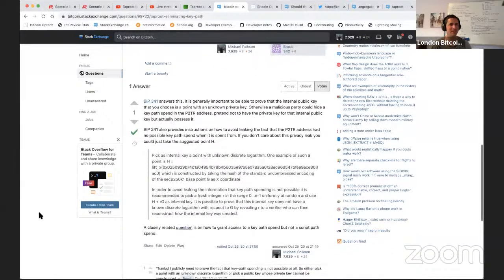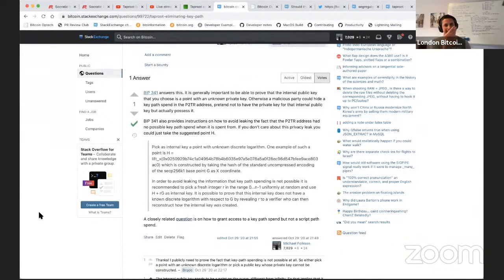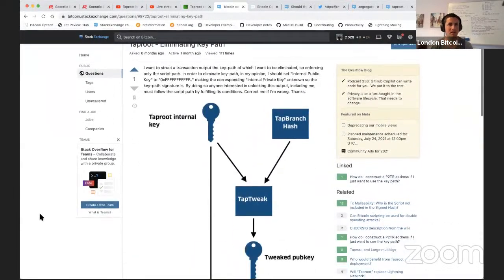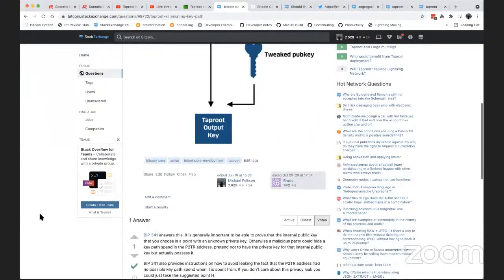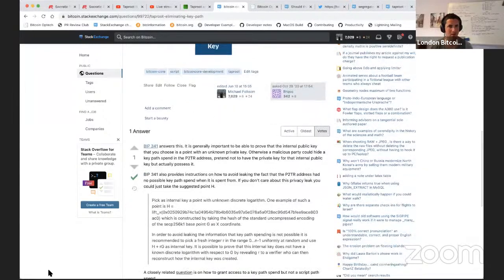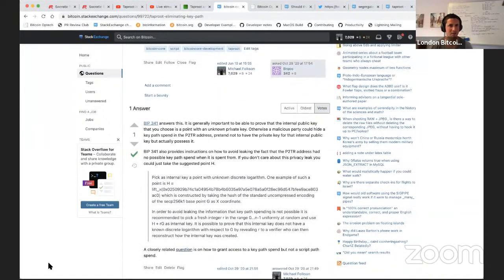I mean, you're going to need some sort of internal key. So this is eliminating the key path, right? And in BIP 341, you have to pick an internal key with an unknown discrete logarithm to slot into the key path.